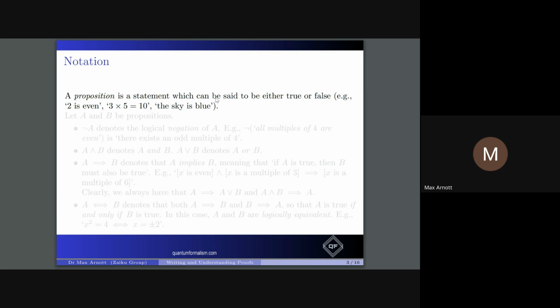Now, in this statement, I've used the word said rather than proved to be either true or false. This is a subtle point that goes into axiomatic set theory and logic. There are certain propositions which are axioms, and there are certain propositions where there's no proof for them being true or false.